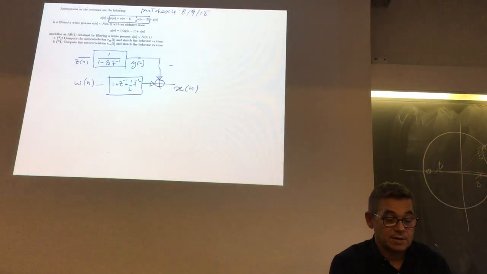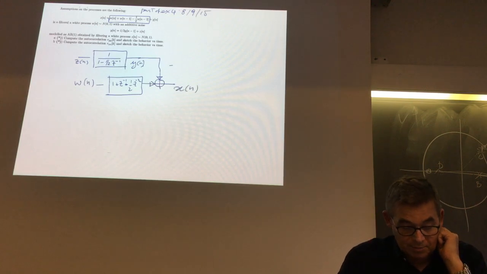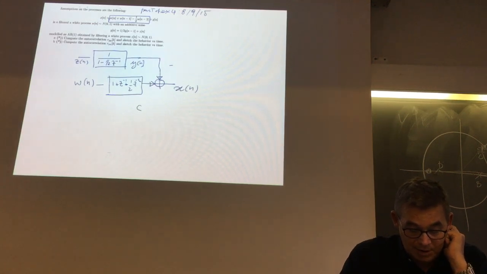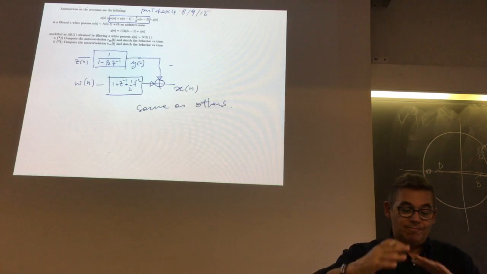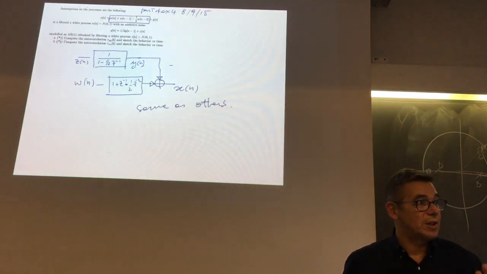I chose the wrong exercise. This one is the same as the other because I'm asking you to calculate the autocorrelation of y, the calculation of x. So it's the same as the other. Now, let me modify the previous exercise and show what I want to show.